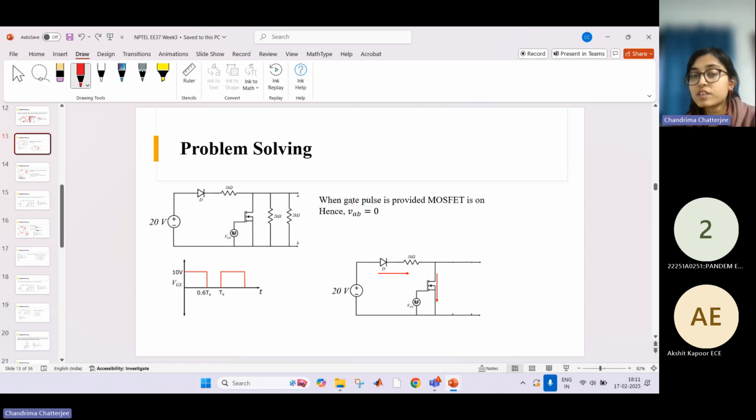So I have written: when gate pulse is provided, MOSFET is on, hence VAB equals 0. Because this is point A and this is point B. So these two points are at the same potential due to this MOSFET.